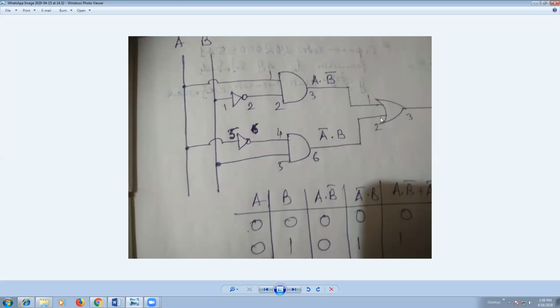So pins 1 and 2 of the quad 2 input OR gate 7432 will be the input pins, and the output, pin number 3, will be the Y, that is A dot B bar plus A bar dot B. We can get it from pin number 3 of the 7432 IC. Okay.